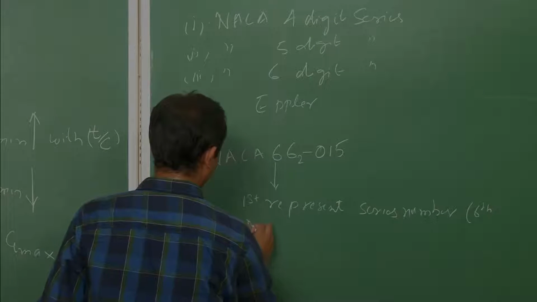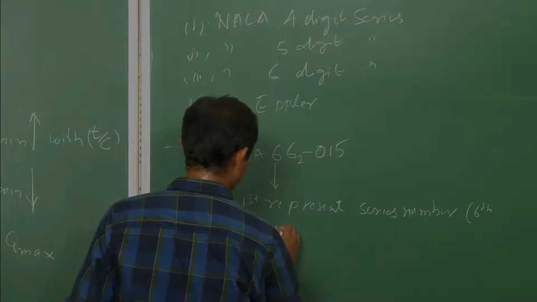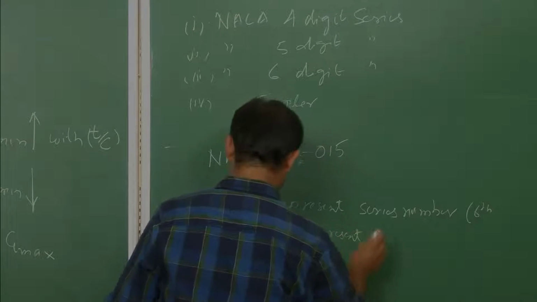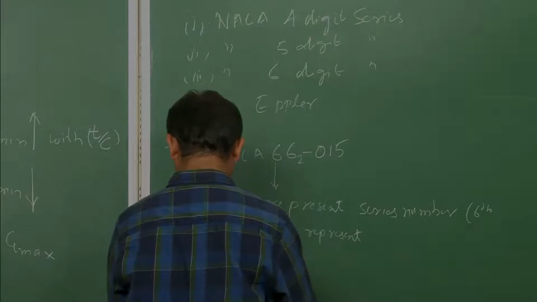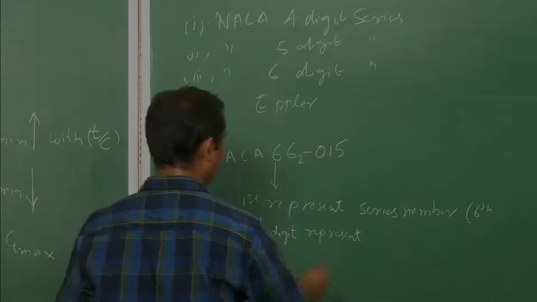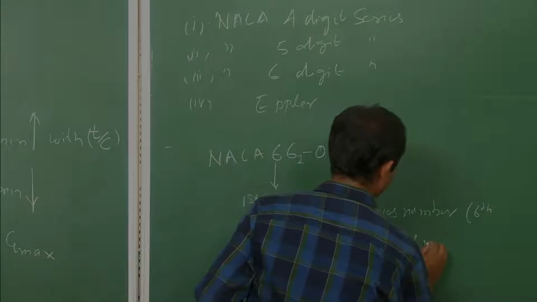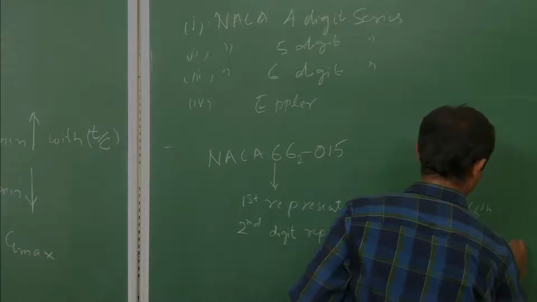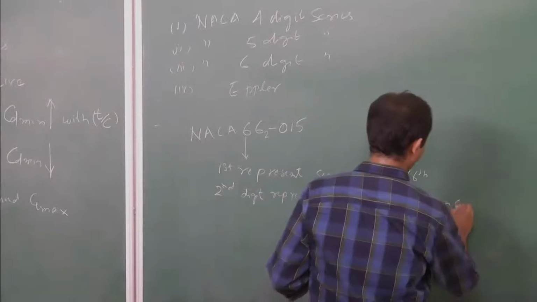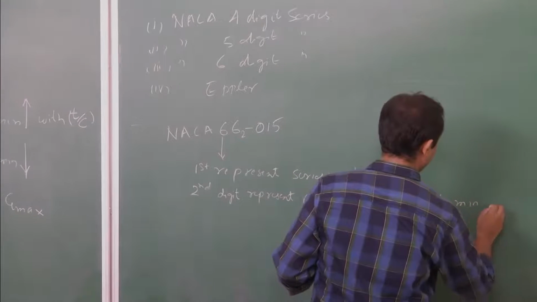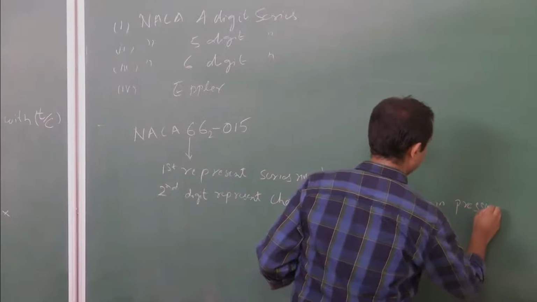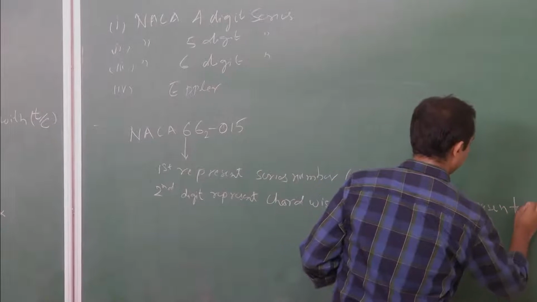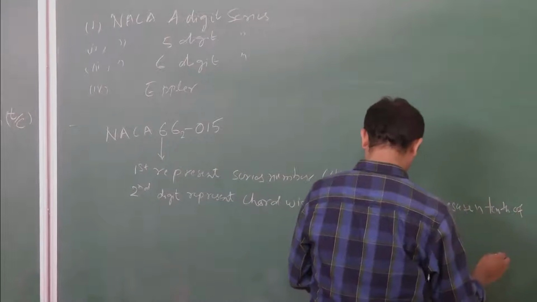Your second digit represents the chordwise position of minimum pressure in tenths of chord.